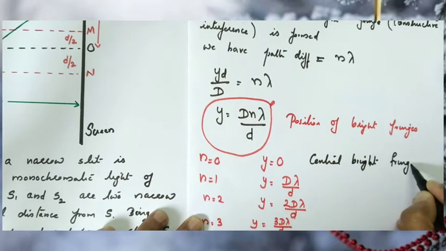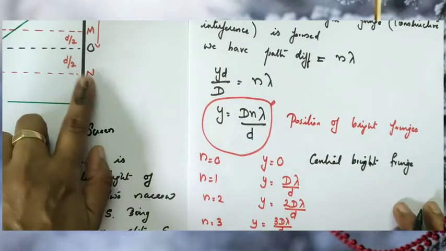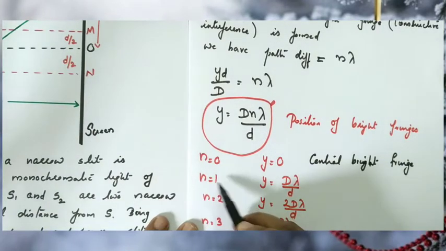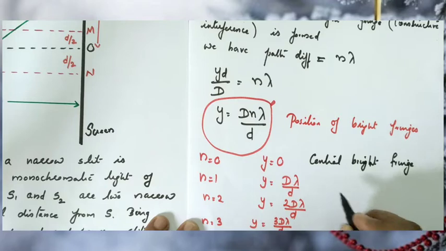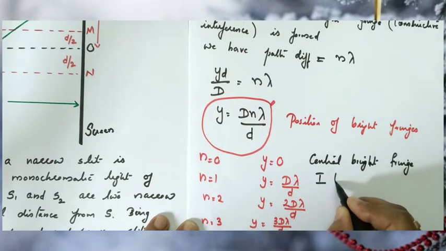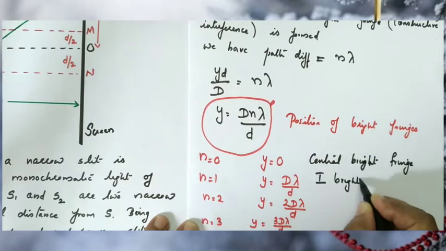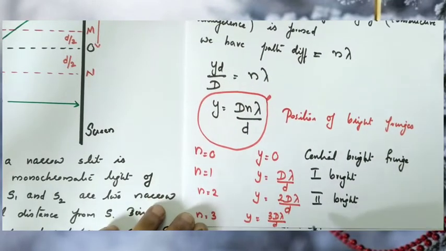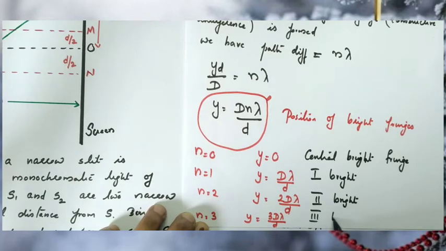Y equal to 0, that means at the center which type of fringe is formed, bright fringe is formed. Put n equal to 1, y equal to D lambda by d, that is called the first bright fringe. N equal to 2, y equal to 2D lambda by d, that is called the second bright fringe. N equal to 3, y equal to 3D lambda by d, that is the third bright fringe and so on.